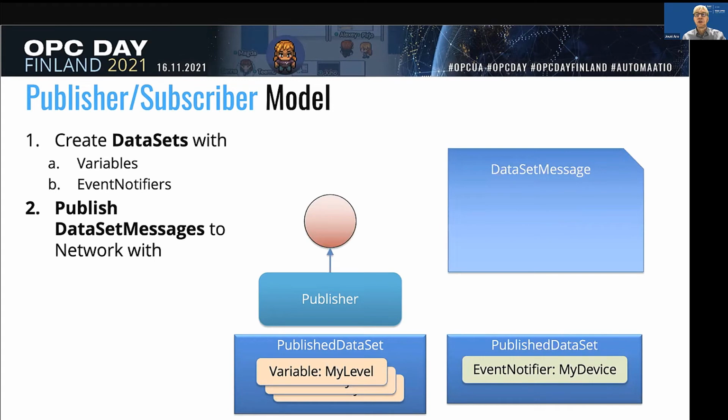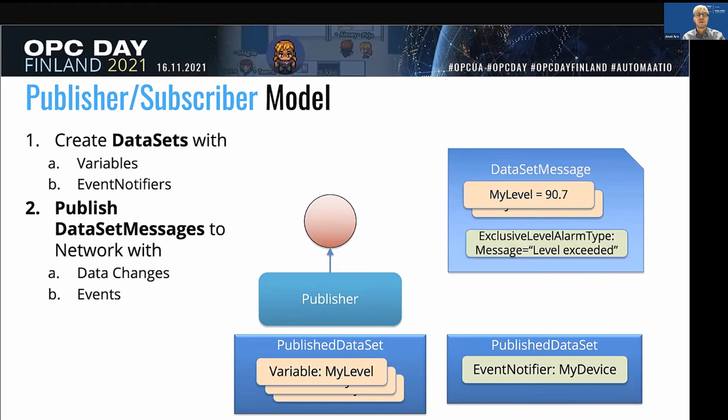And then the publisher can just start publishing these datasets through dataset messages to the network. The dataset message can contain data changes and events.